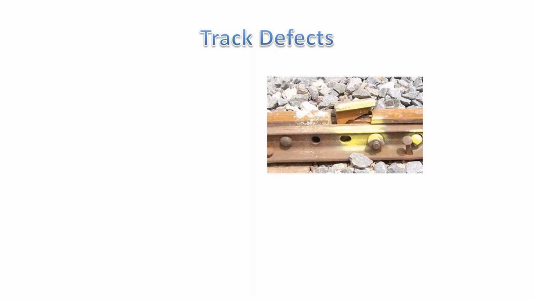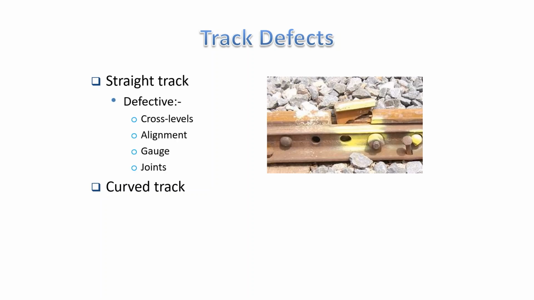So what are the different types of track defects that can be seen on a straight track as well as on a curved track? In the case of straight track, the train can derail due to the defective cross levels. For example, if the two rails are not at the same level, that may lead to the derailment. Or if the alignment is not proper, that can also lead to accidents.